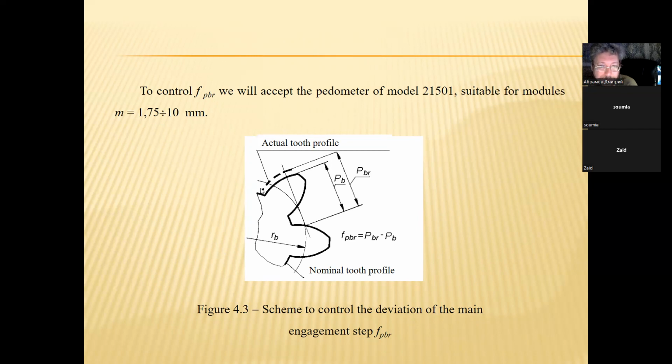We have actual tooth profile and nominal tooth profile, and this distance between them, big P suffix BR minus big P suffix B, is equal to the deviation of the main engagement step, small f suffix PBR. And we choose the measuring instrument to control this deviation.